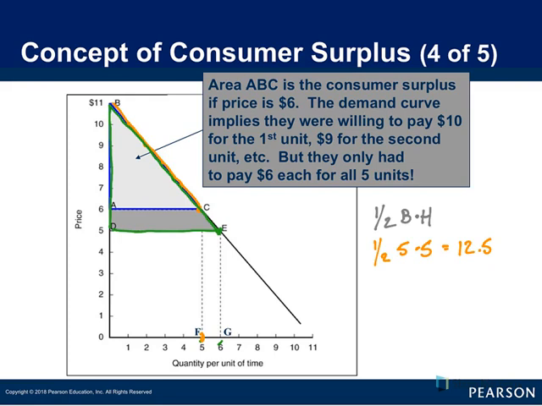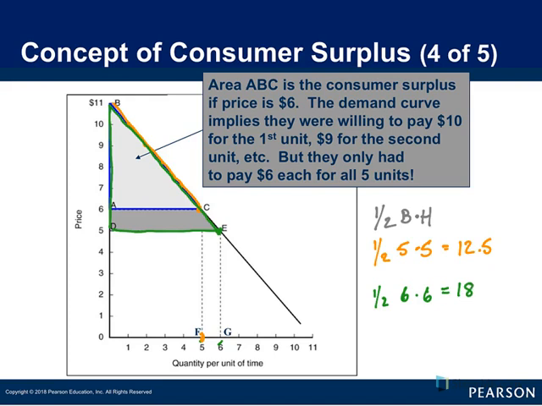And if we looked at the green triangle, it would be 1/2 of the base, which happens to be 6, times the height of 6, which is 36 divided by 2, which is now 18.